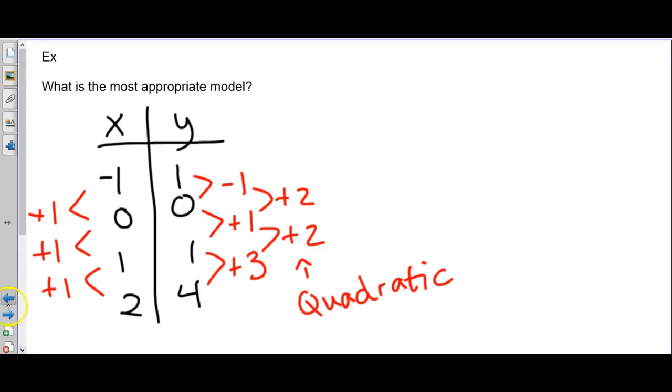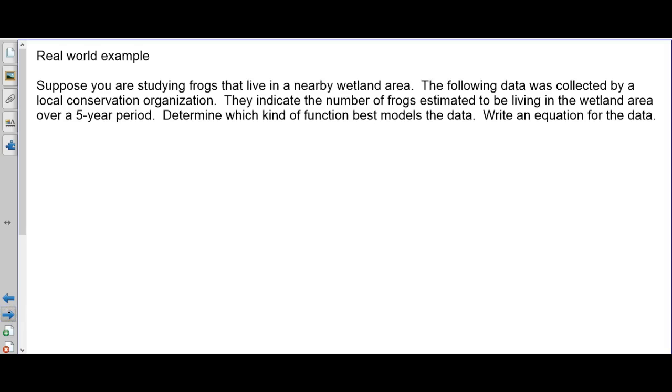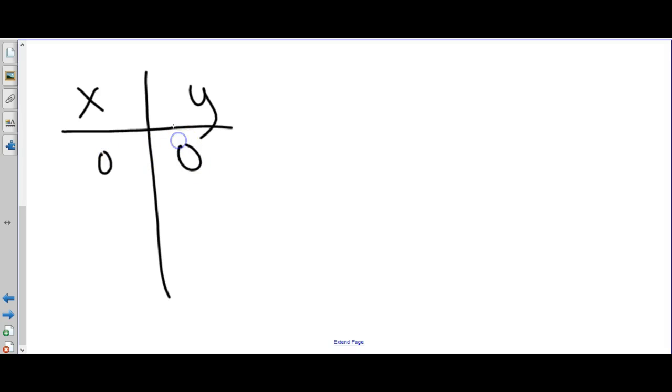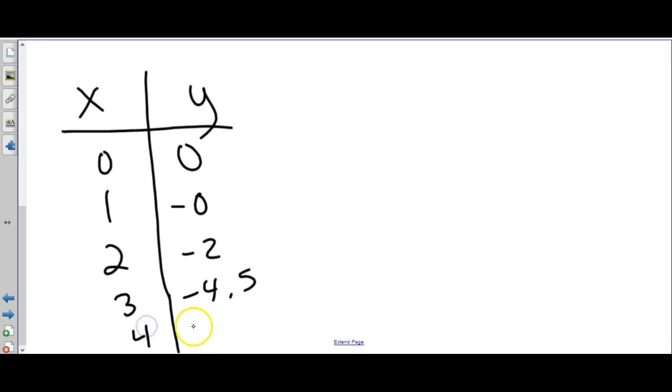Let's do one more example of a table. Let's make a new table. And this time we're going to take it one step further.